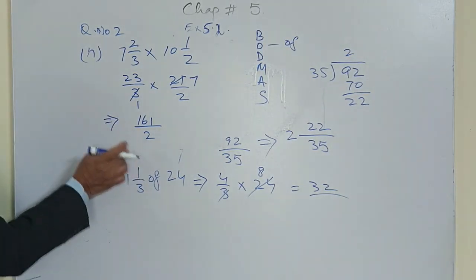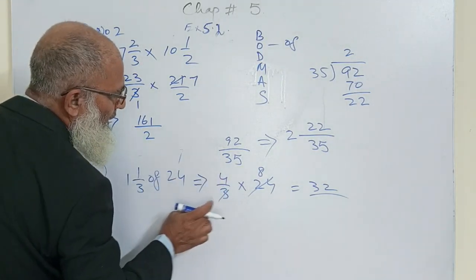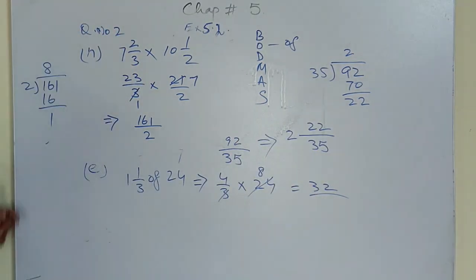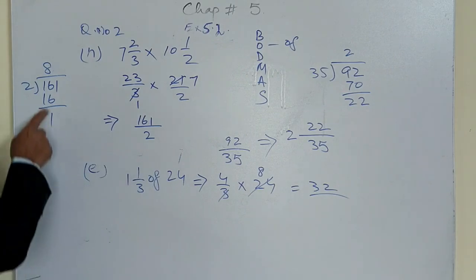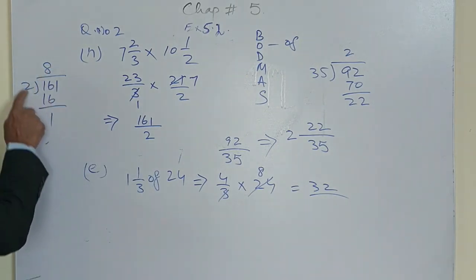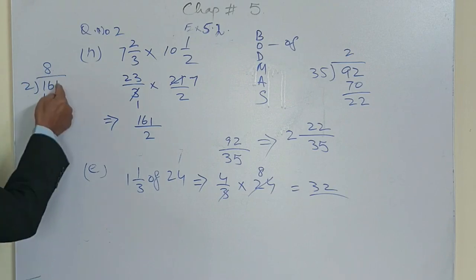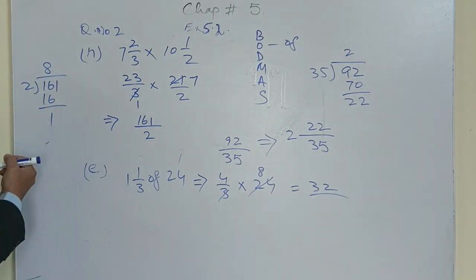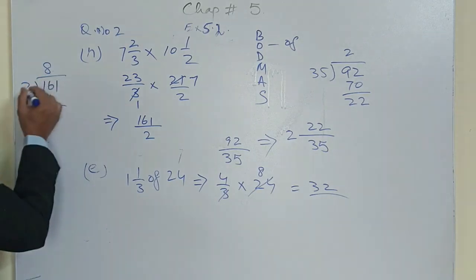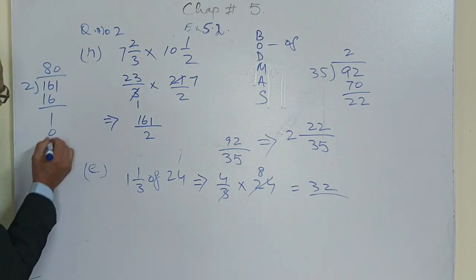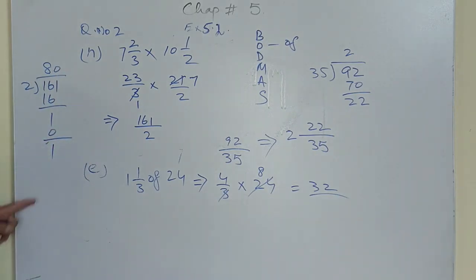Now to bring it in this form, 2 eights are 16 and 1 is carried down. Now this is not divisible, so we multiply it with 0. 2 times 0 is 0, it becomes 1.